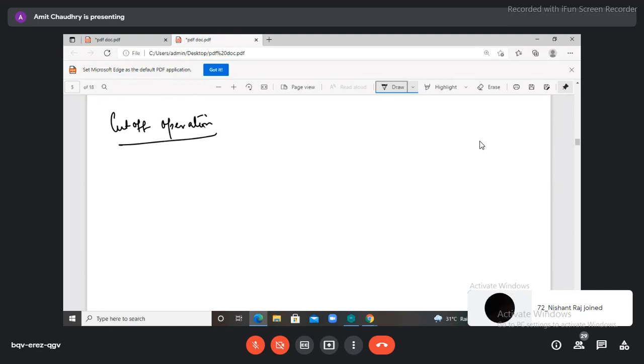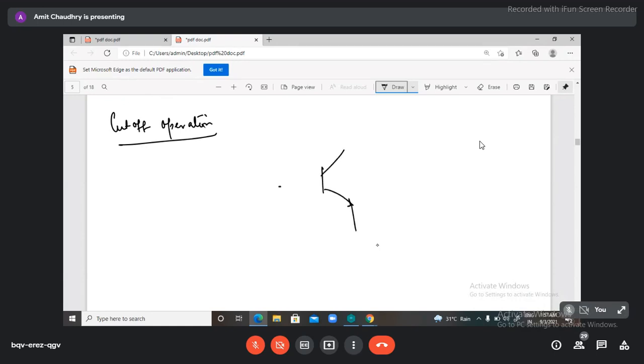Now what is cut off operation? This is a transistor with alpha, beta, and all parameters given. Now this is your base voltage. Now it requires 0.7 volts to turn on. This is VBE and this is your IC. Now this 0.7 volts is to be given to this transistor. Now if we are not able to, then we have cut off.